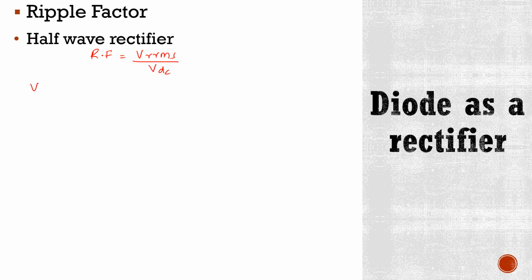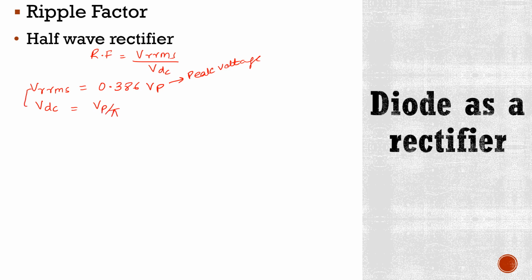The RMS value of the AC or ripple component of a half wave rectifier is 0.386 Vp, where Vp is peak voltage, and from our last lecture we know that the average or DC value of output voltage in a half wave rectifier is Vp divided by pi.